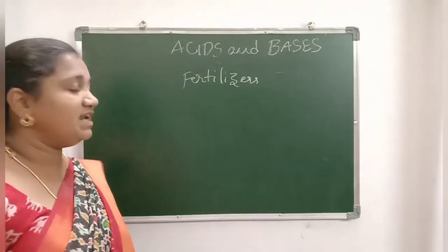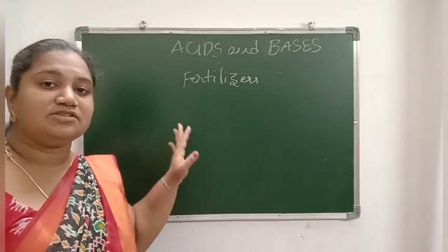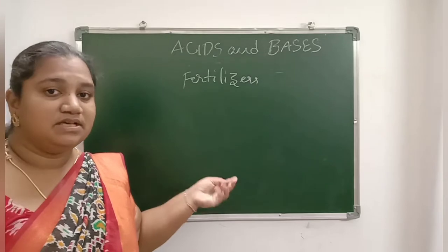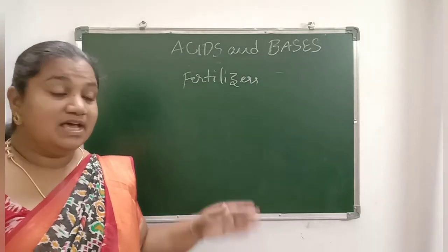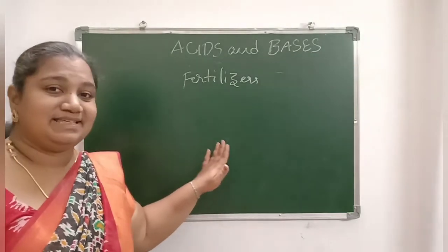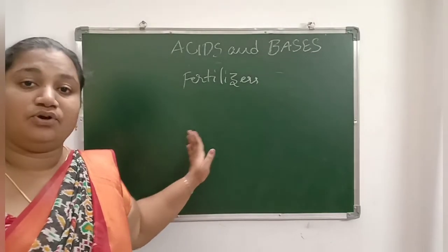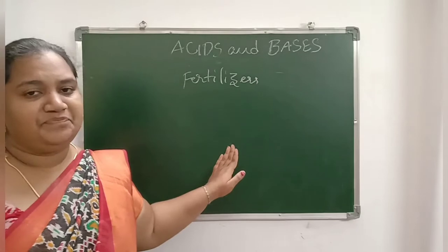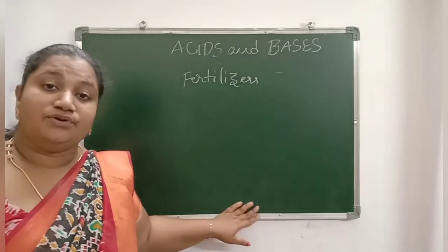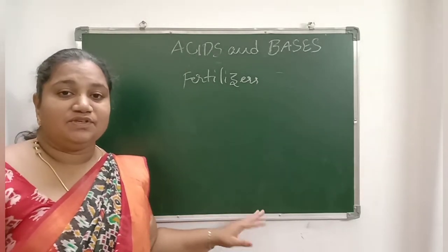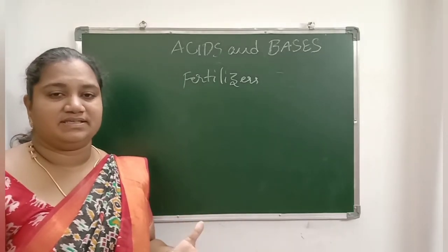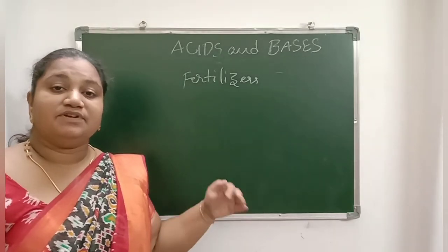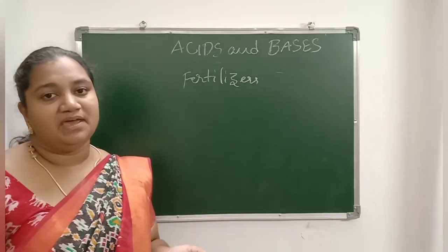Whenever fertilizers are used, they test the soil. After testing, they find out whether the soil is acidic, neutral or basic. Without this test, if the soil is acidic and you use a highly acidic fertilizer, the acidic content in the soil will increase and the crops may be damaged.